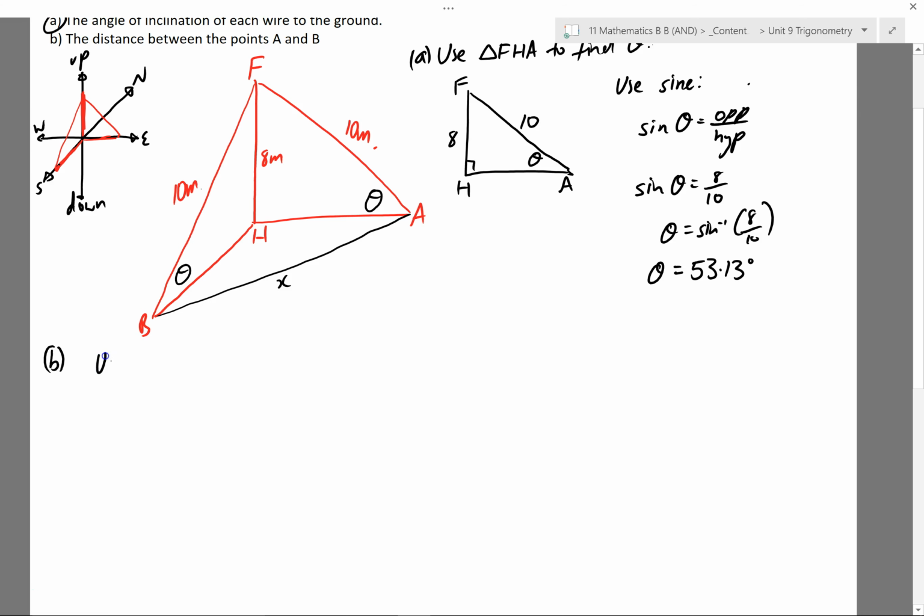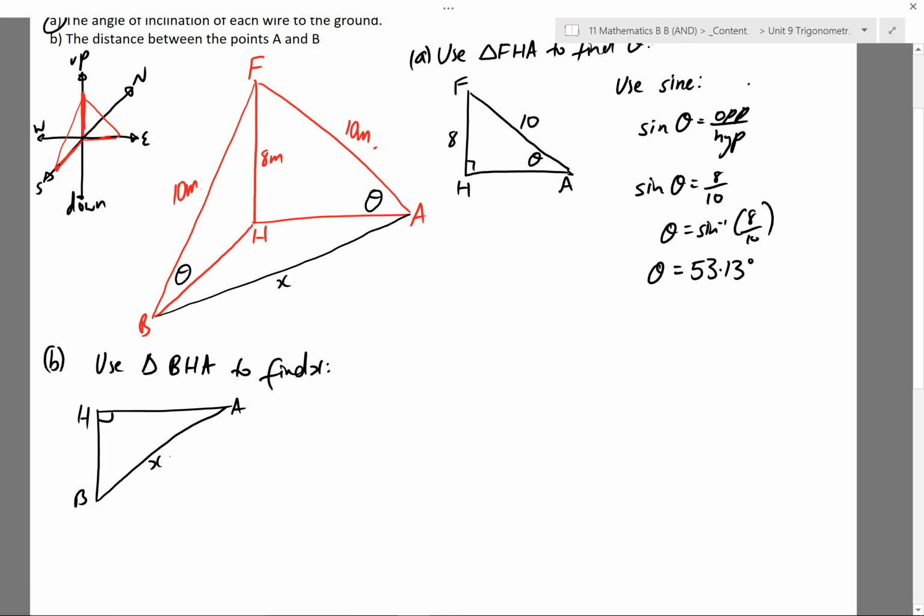So I'm trying to use triangle BHA to find X. I'm looking at this triangle on the ground, and I'm going to redraw it in 2D. Remember, this angle in here is 90 degrees because it's the angle between south and east. So there's BHA, trying to find this unknown side.